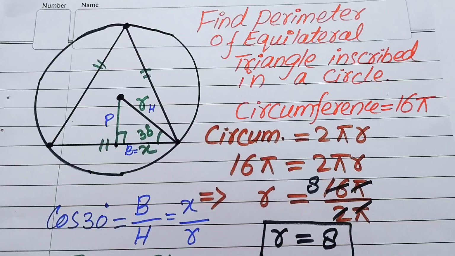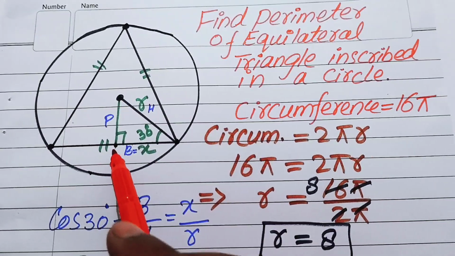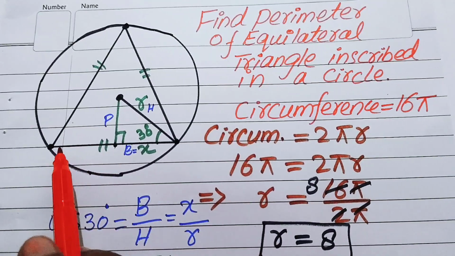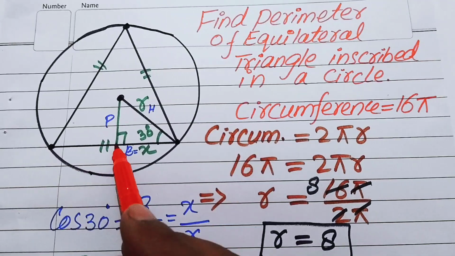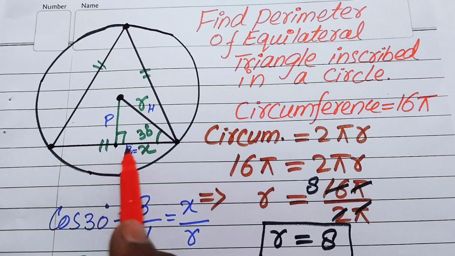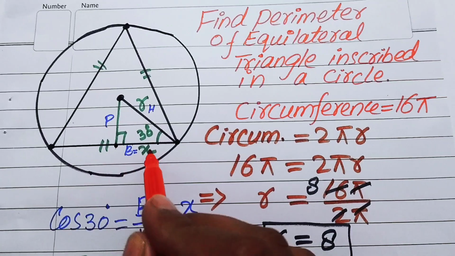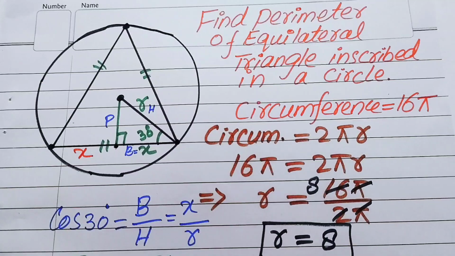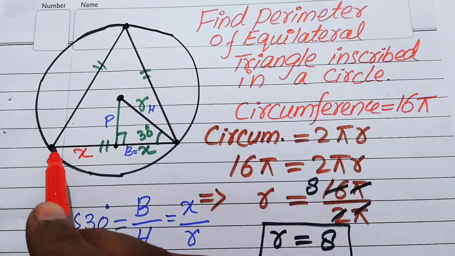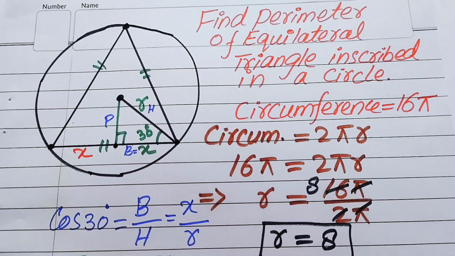We know that if we draw an altitude, a line from the center of the circle to the side of the triangle, it bisects the side of the equilateral triangle into equal parts, so this point is the midpoint of the side. If the length of this part is x, the length of the remaining part is also x, so the length of the side of the equilateral triangle becomes 2x.